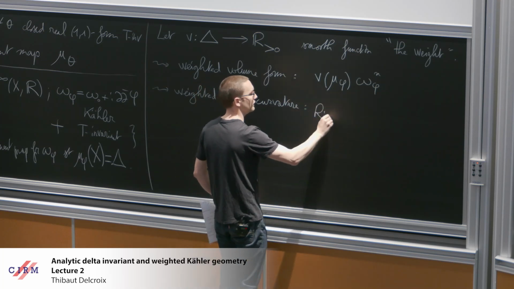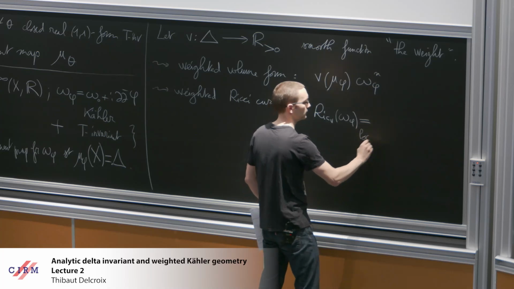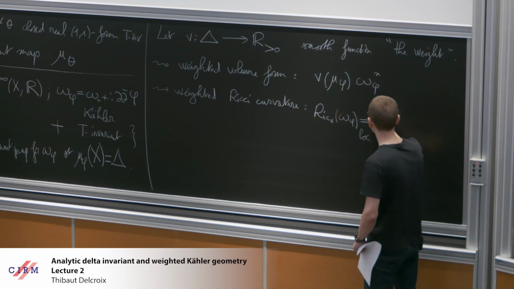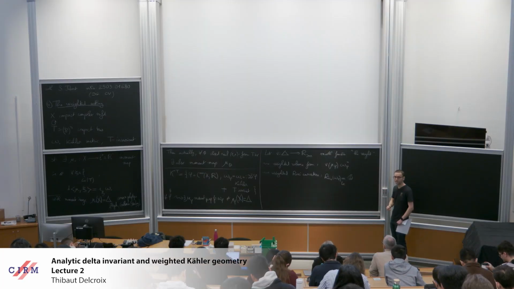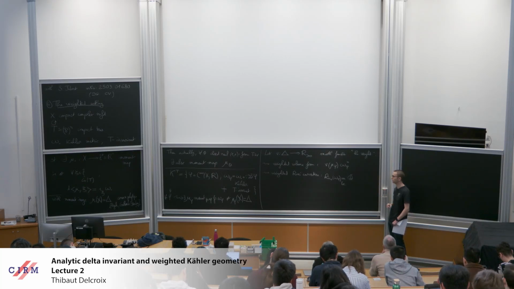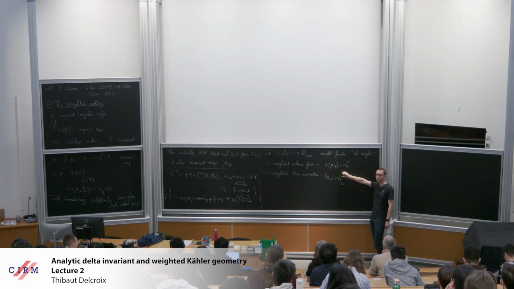So if you remember, I defined it by its local potentials. And I defined it in terms of the complex Hessian of local potential for omega phi. But then I said that's like the quotient of the volume form with respect to the standard volume form in coordinates.